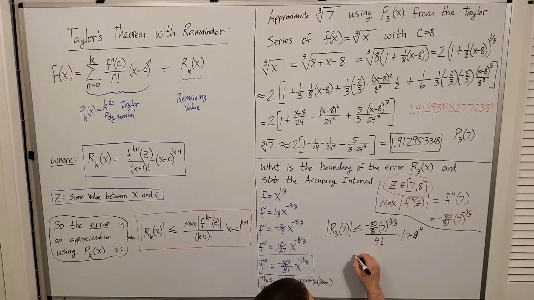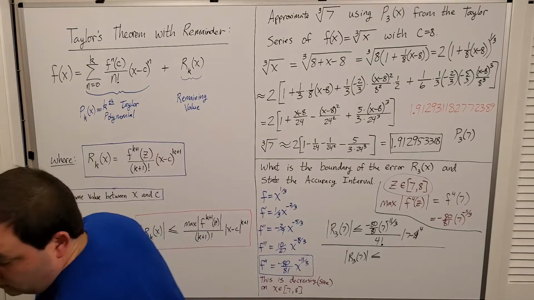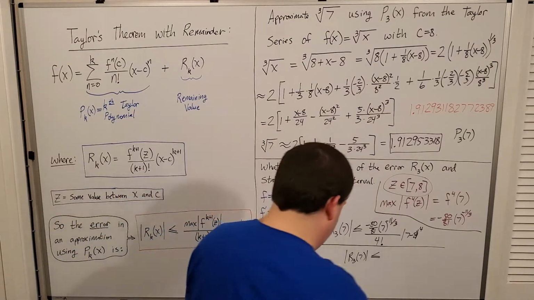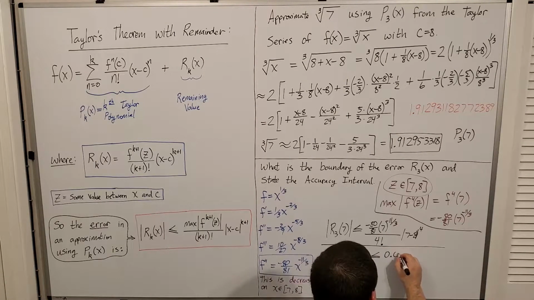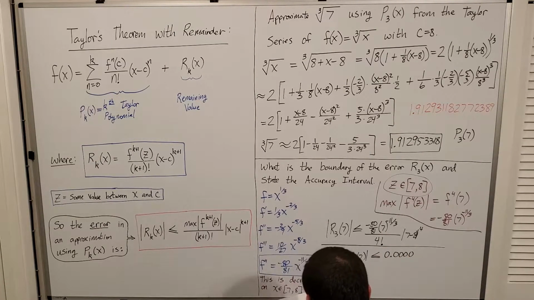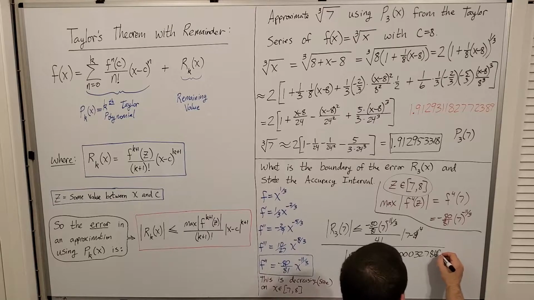Okay, so then this is telling me that my error, R3 of 7, absolute value, is less than or equal to, when you punch this up, you get 0.00032786942.